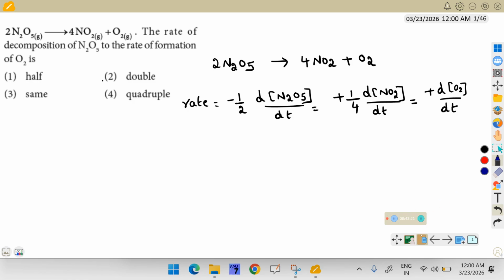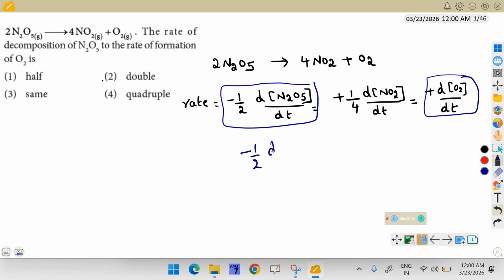2 moles of N2O5 gives rise to 4 moles of NO2 plus O2. The rate of decomposition of N2O5 to the rate of formation of O2. The question is between N2O5 and O2. So minus 1 by 2 dN2O5 by dt is equal to plus dO2 by dt.